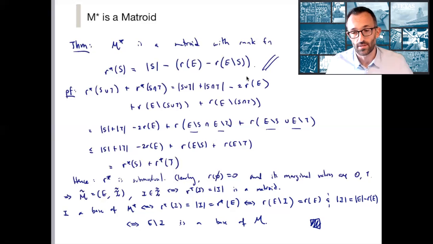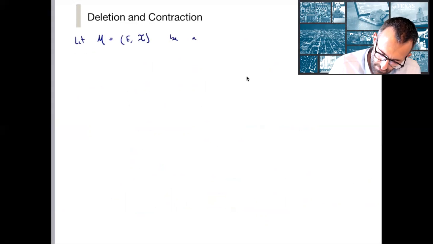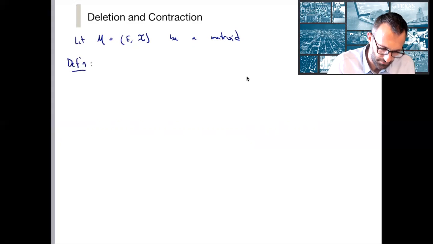So now let's move to talking about two operations that we can do on a matroid, deletion and contraction. So let M be my matroid, and let me define now these two operations.